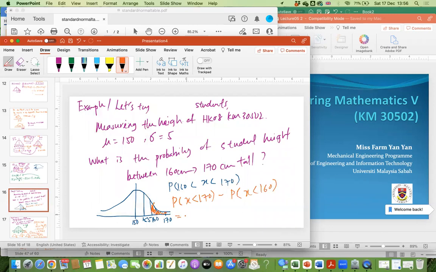Then I convert it into the z-score: 170 minus 150, where 150 is the mean, over the standard deviation of 5, minus 160 minus 150 over 5.